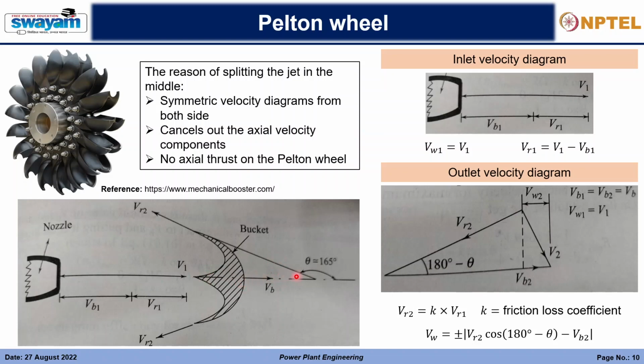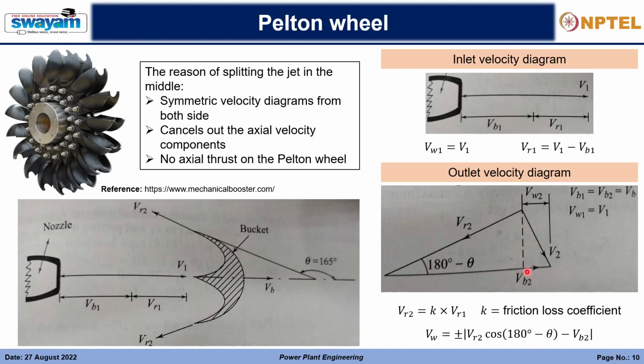Again this is in this direction, so we'll have to consider the blade velocity also, and together we'll get the whirl component velocity. So you can see from this diagram also the basic thing, vr2 cos theta.